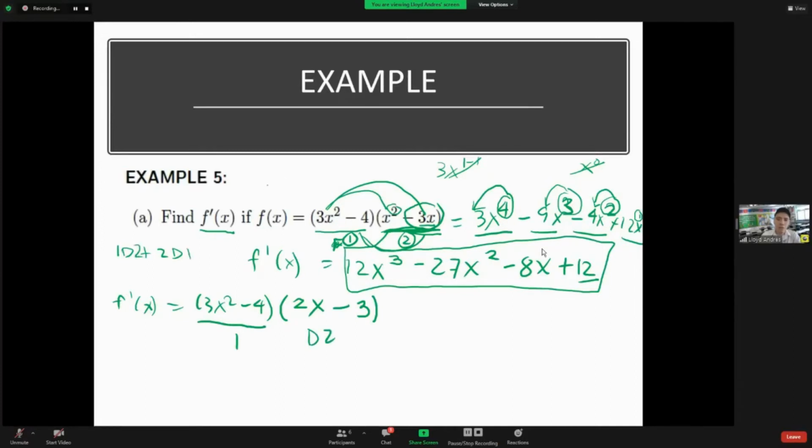Sunod, plus second. Copy ang second na to nga x squared minus 3x. Tapos, derivative sa first. So, i-derivative na nato. So, derivative ni 3x squared. 3x squared, di ba? Multiply na. So, mahimo siya 6x. 2 minus 1, kaya 1 na lang.